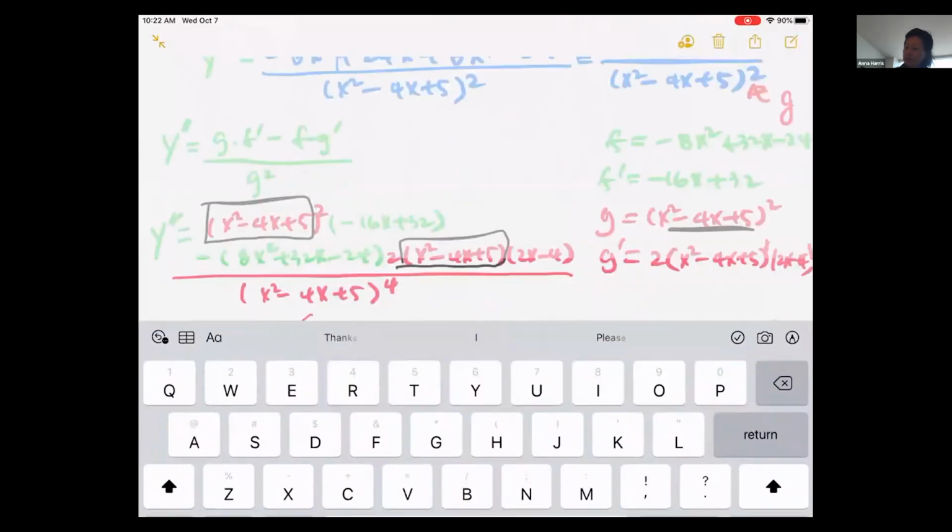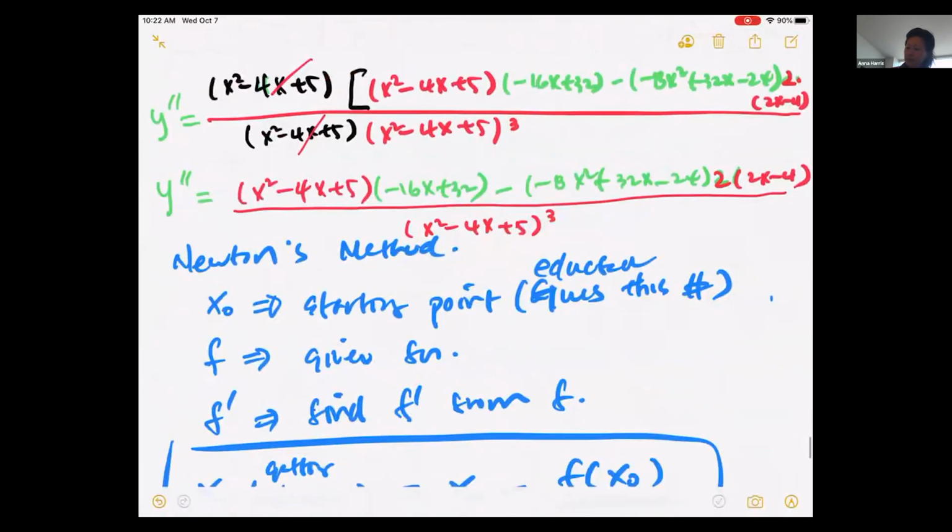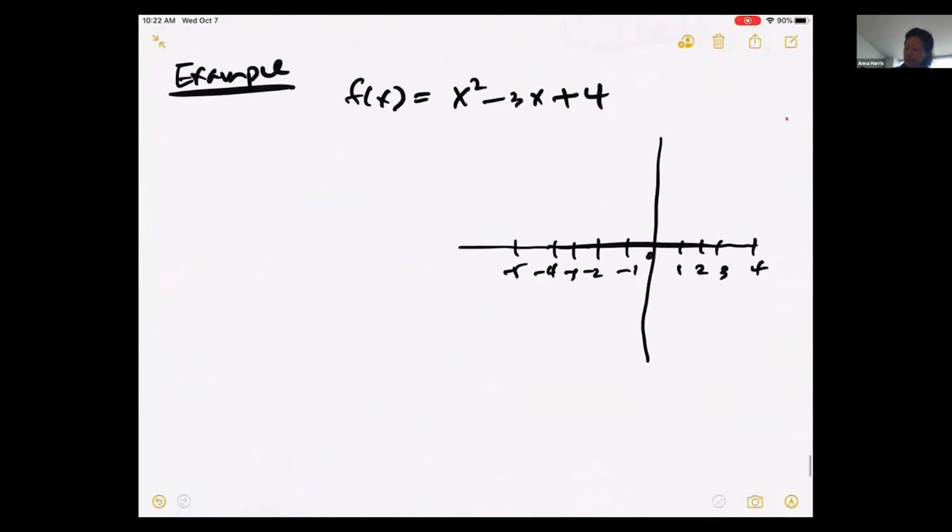I'm just drawing a function graph for now. We are solving the equation in a numerical way, not an algebraic way.